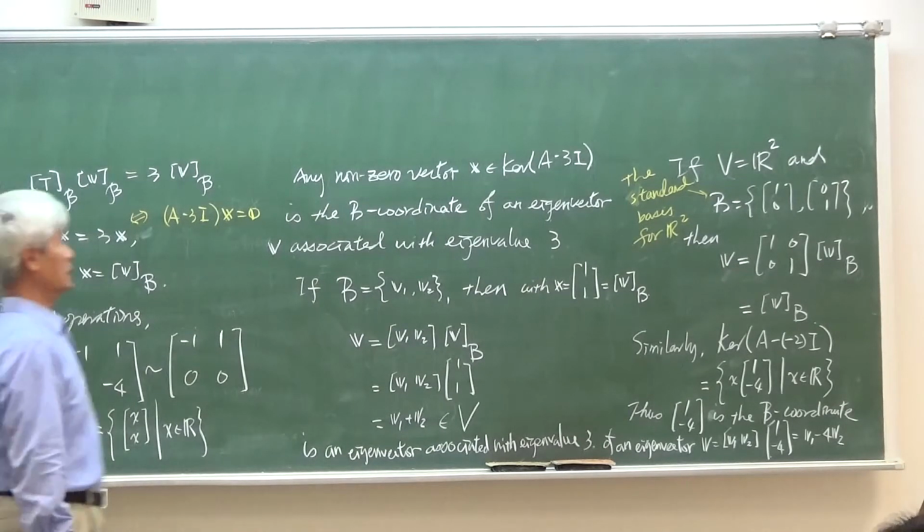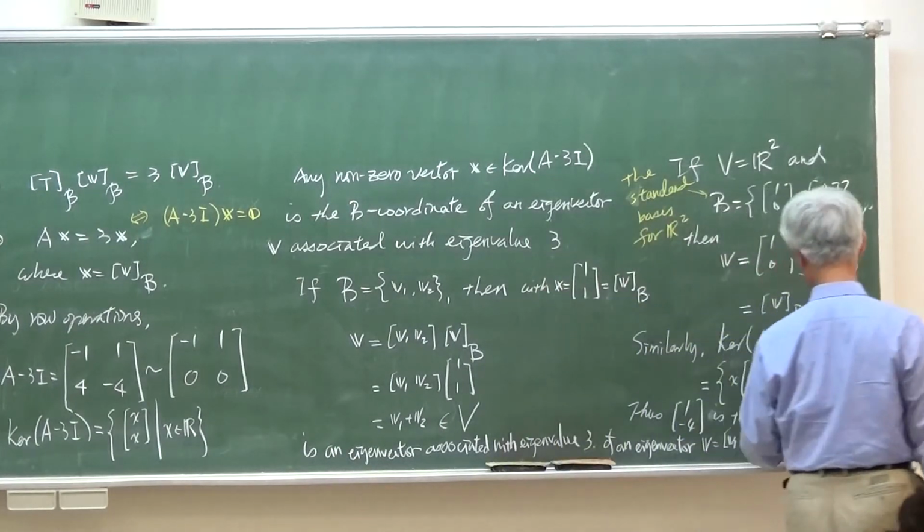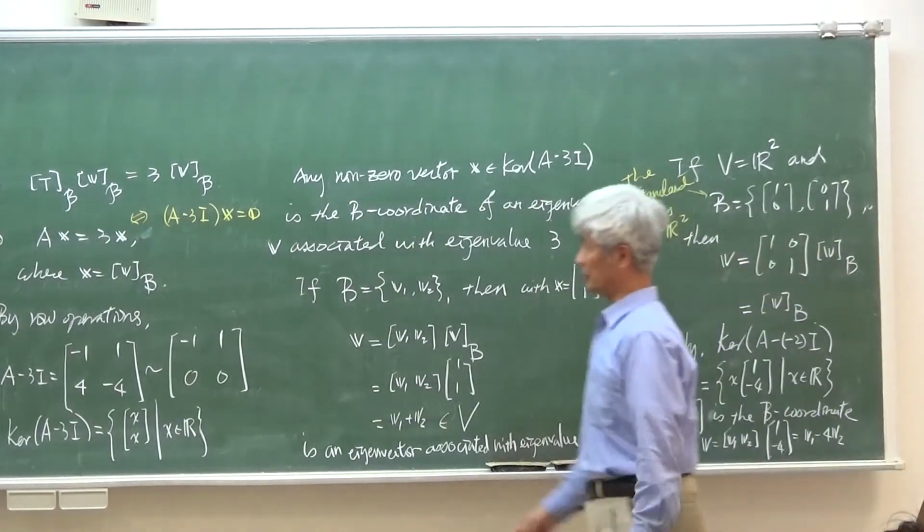So for each eigenvalue, we find at least one eigenvector.